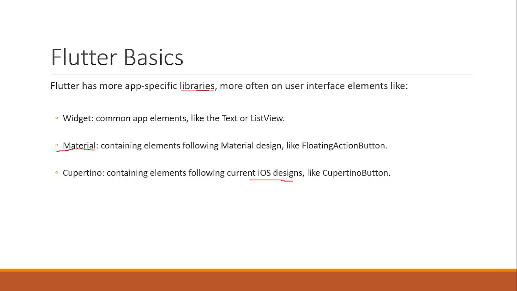So, if you want your application to be more iOS centric, you will choose Cupertino na libraries, Cupertino na styles, while if you want your application to be more on the Android side, so material ka. But if you want your application to be unique in designs with regarding sa Android or iOS, so you can make your own na design sa inyong widgets.